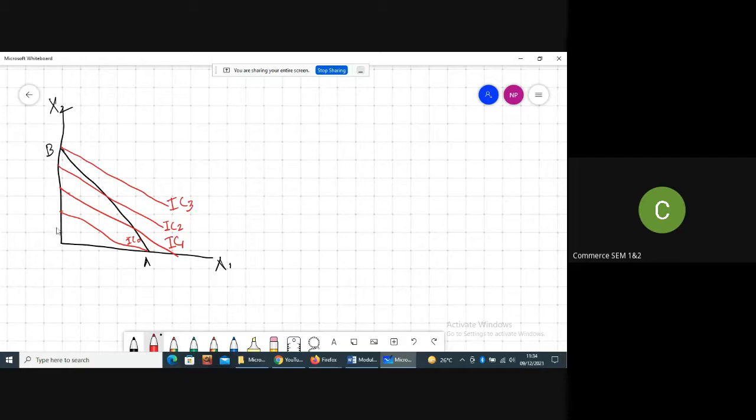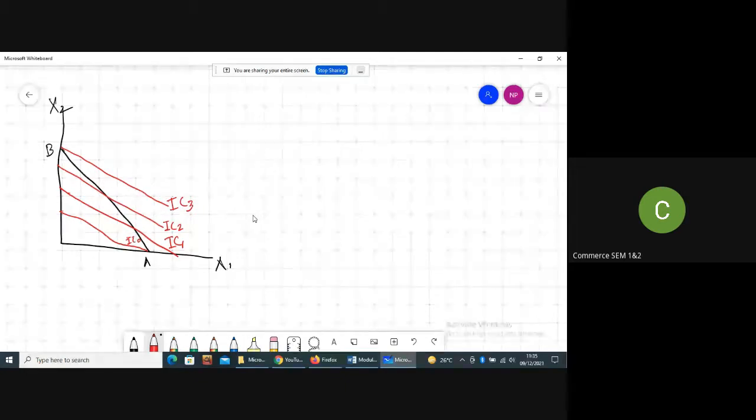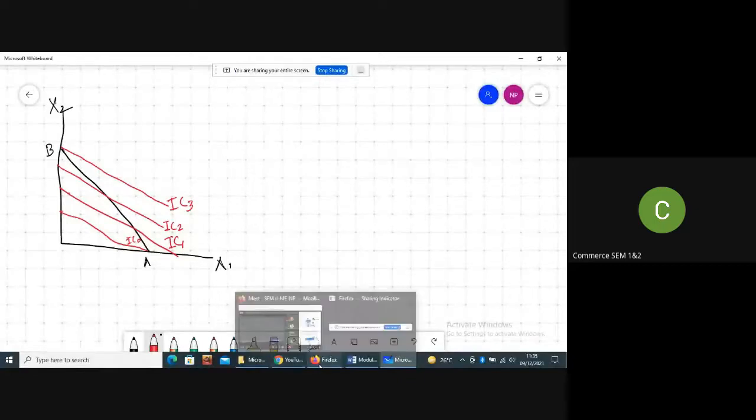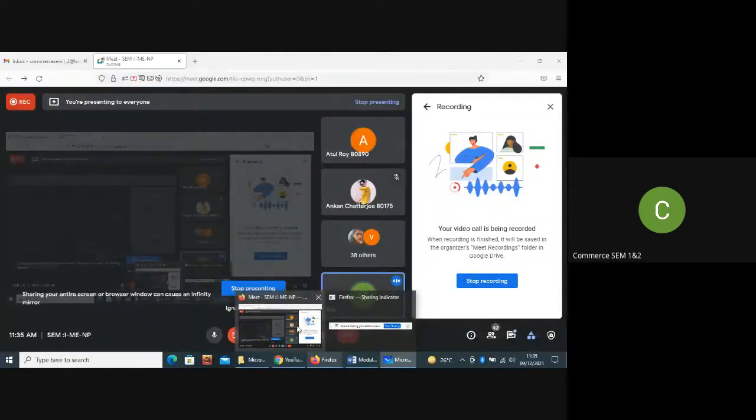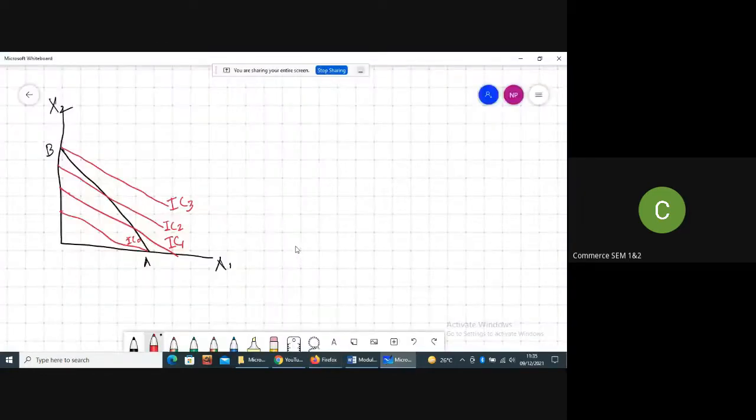I'm asking all of you, at which point will the consumer's equilibrium take place, at which point will the consumer optimally purchase? Mute করো। কোথায় হবে?